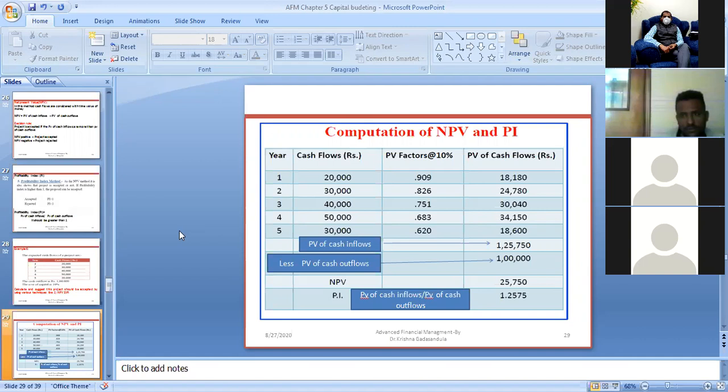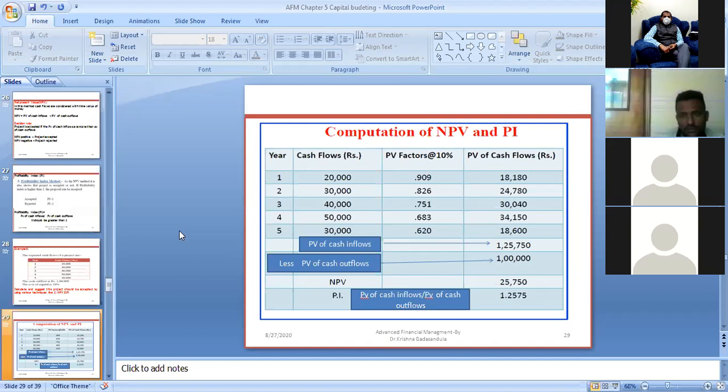So you see, in the table, this is the period. Are you able to see? This is a period of 5 years, this is a 10 years period, and the present value factor.